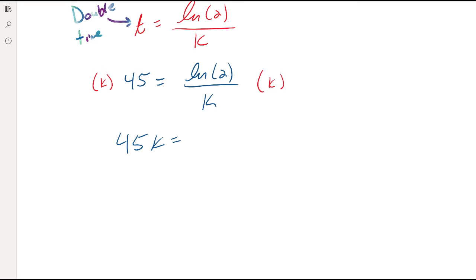And then my right-hand side reduces to just the natural log of 2. And then lastly, we're going to divide both sides of our equation by 45.